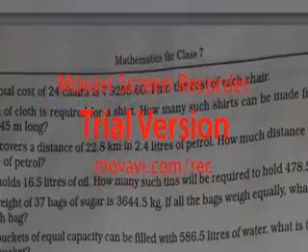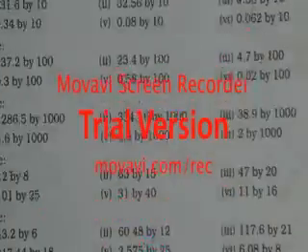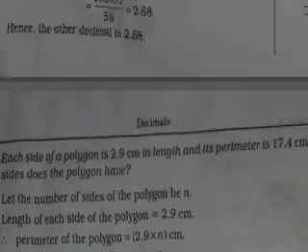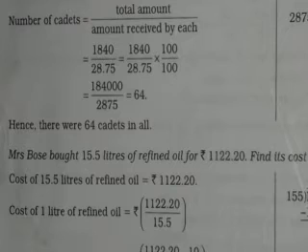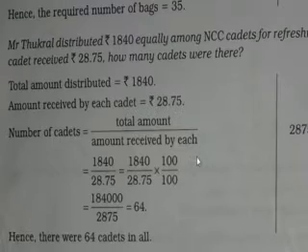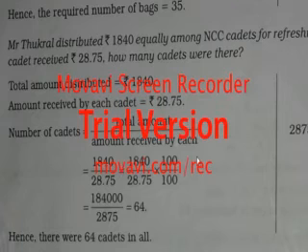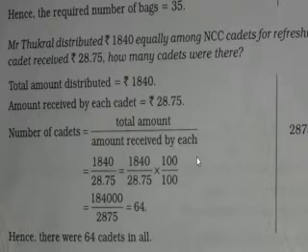So now students, read now this one: total amount received by each cadet. The amount received by each cadet is 28.75. To know the number of cadets, we will be dividing the total amount by the amount received by each.